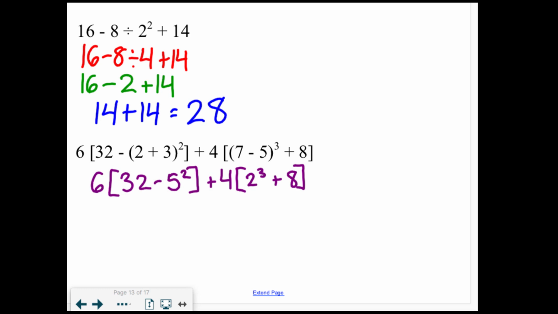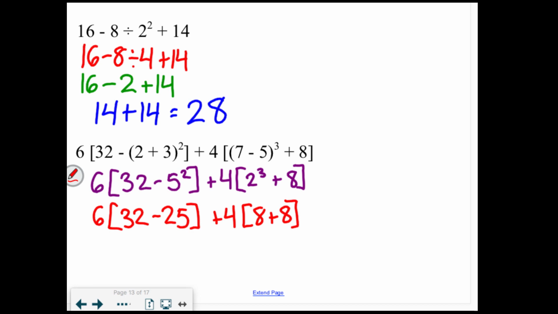Now that we've simplified those parentheses inside the brackets, you're going to go through and solve the brackets. So we got 6, and inside the bracket it becomes 32 minus 25 plus 4 times 8 plus 8. Still simplifying inside the brackets, I get 6 times 7 plus 4 times 16.